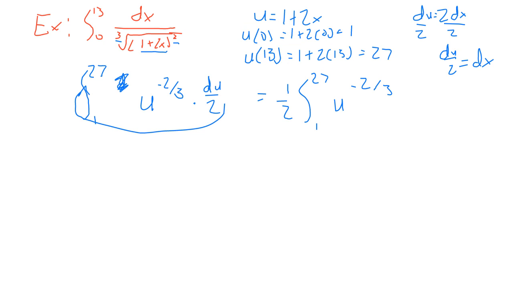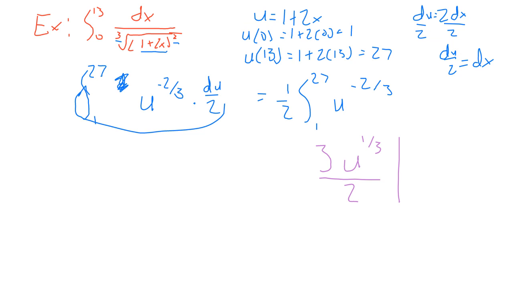So now if we integrate this, we're going to get u to the 1/3, and then that inverse is going to be times 3. And of course we have our 1/2, so we're going to divide by 2.